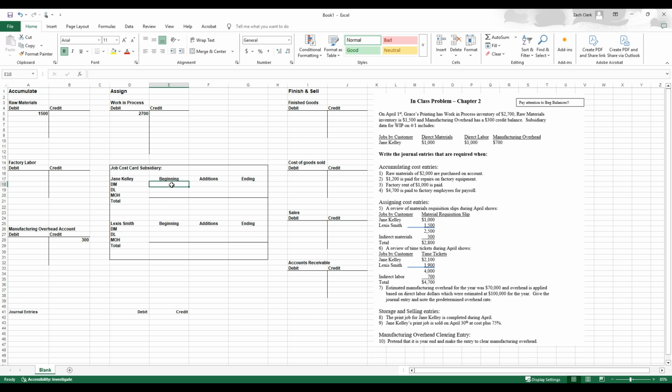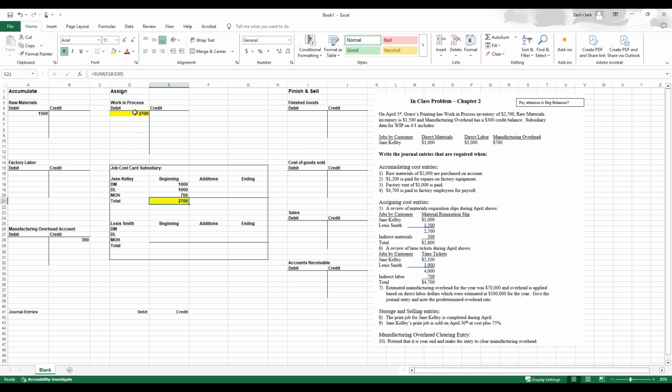So to illustrate that, we can see our subsidiary data. It tells us we have $1,000 of direct materials, $1,000 of direct labor, and $700 of manufacturing overhead. And then I'm just going to do a little auto sum to add all those together. And you can see the 2,700 matches the 2,700 here.